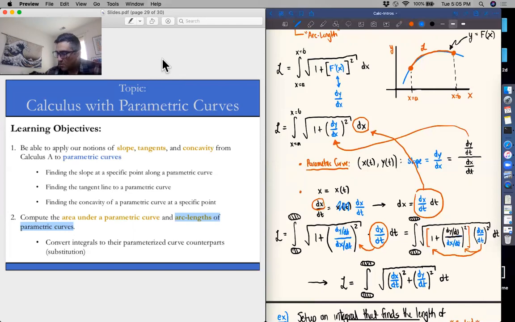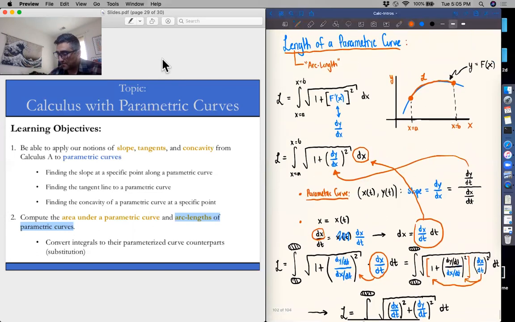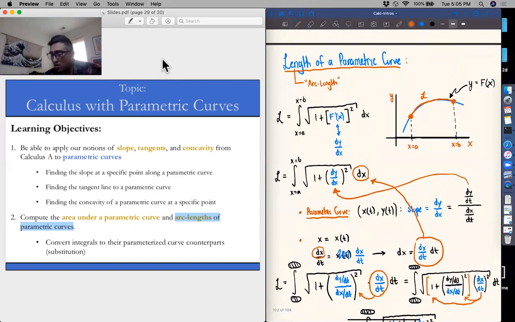And you might be wondering, at this point, how do we find those bounds? We find the bounds the same way we did for the area under a parametric curve. We go back to the curve itself and we say, I want to find the t value that lands me at this point, and we want to find the t value that lands us at that second point as well.